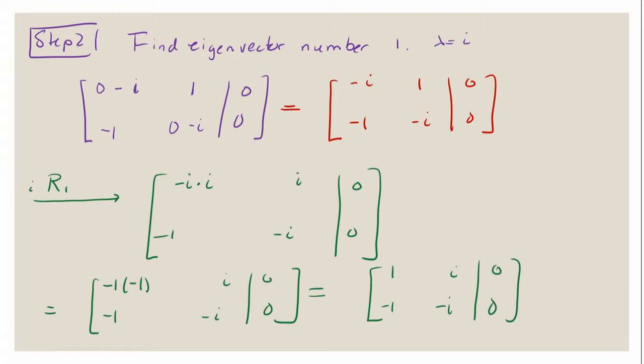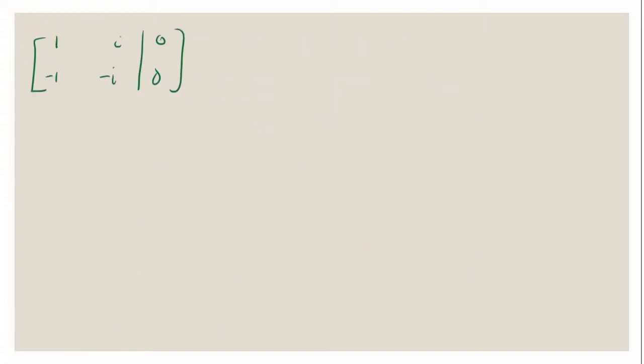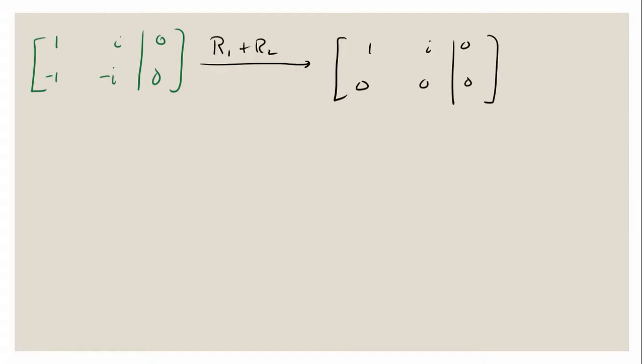And I did this without adding row 2, which I usually do with non-complex work. I just go and do row 1 plus row 2 or whatever I need to do as one swift move. I'm splitting this up. I'm doing the i times row 1 first, simplifying down the answer, and then I'm going to add it to row 2. So here we are, I just copied the previous computation.